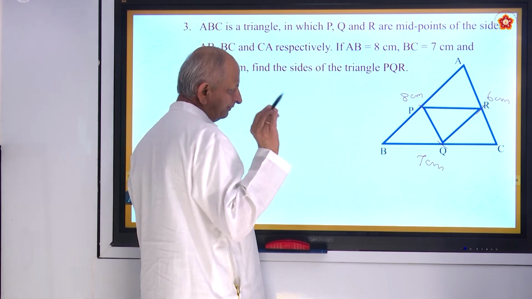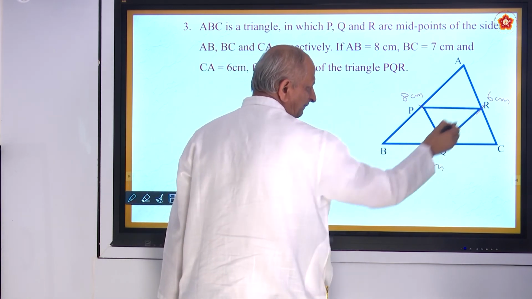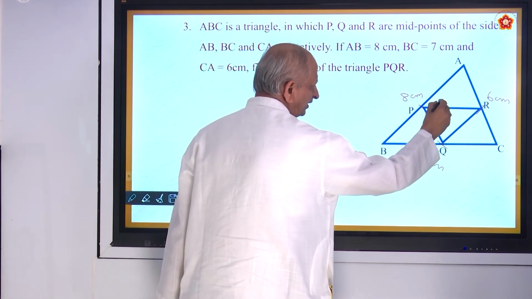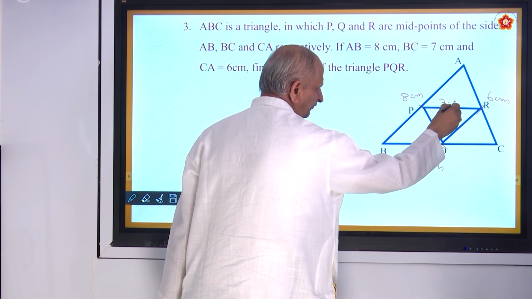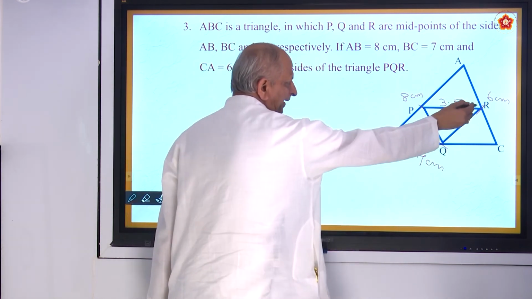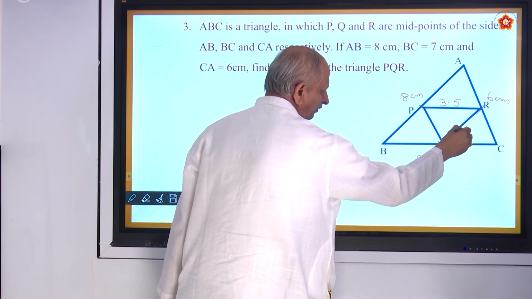Let us do orally. See here, PR is a line joining midpoints. So as per midpoint theorem, if BC is 7, this becomes 3.5. And Q and R are midpoints, therefore, if the AB is 8, this becomes 4 centimeters.